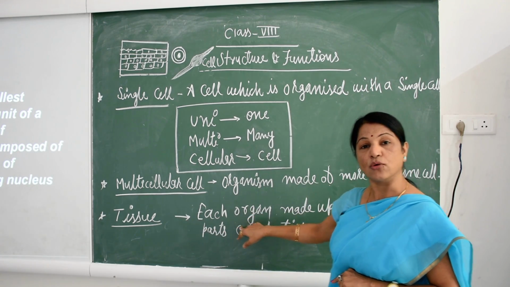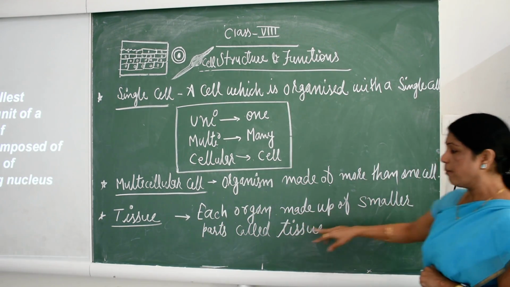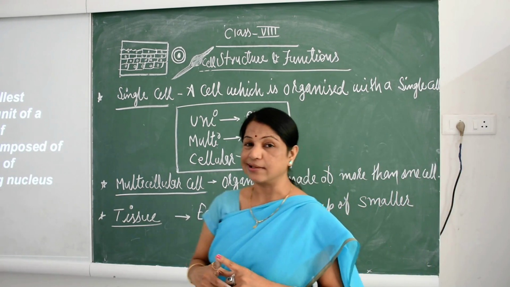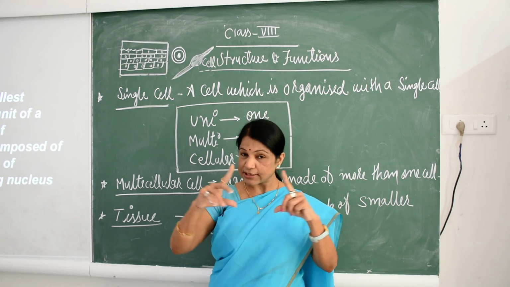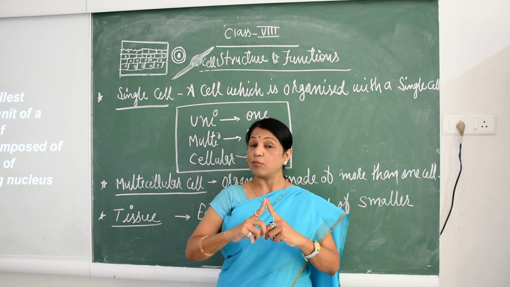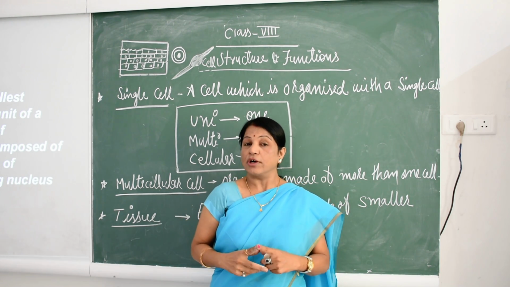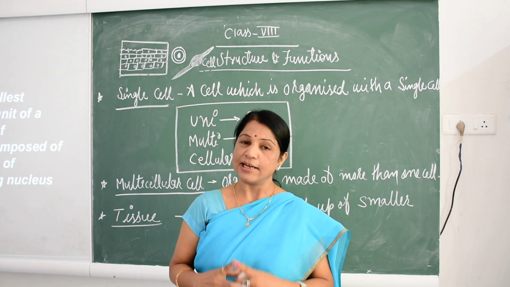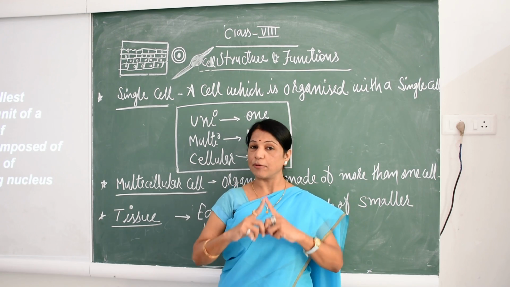Now here we talk about the tissue. Each organ is made up of small parts called tissues. Do you know children, our whole body consists of various types of tissue, and that is what makes the organs. These body parts, the organs, do various functions, such as heart, brain, lungs, liver, kidney and others, and they are made of various types of tissue.